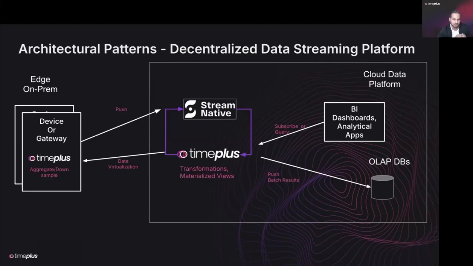You can federate the queries. The queries will be pushed down to the local Timeplus instances, and then they will give you the data according to the query that you gave it, and then you can merge it in the centralized Timeplus that you see there. You can mix and match these architectural patterns based on your use case. Some of them can be very small with just a microservice app and Timeplus, and some of them can be very large like this, where they're chained together.